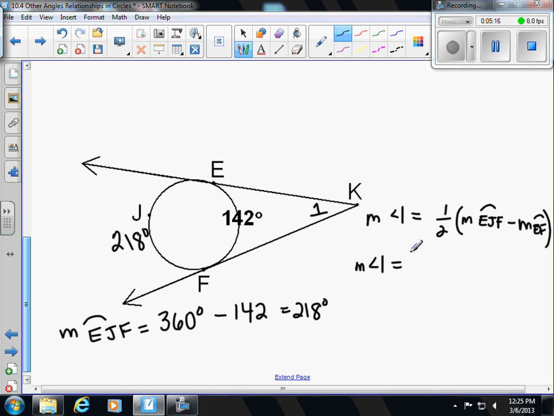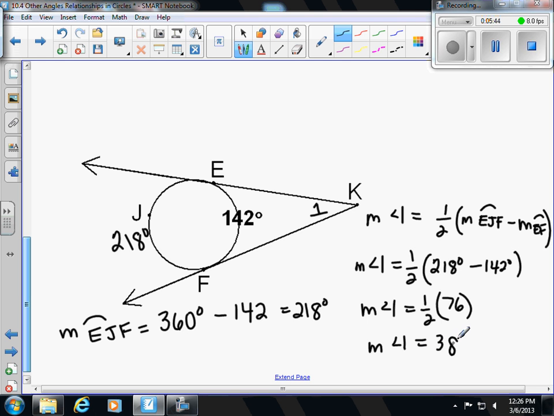So let's just plug our numbers in now. So measure of angle 1 is equal to 1/2 times 218 degrees minus the measure of arc EF, which is 142. 218 minus 142 gives us 76. So I'm going to take 1/2 of 76. So that tells us the measure of angle 1 is 38 degrees.